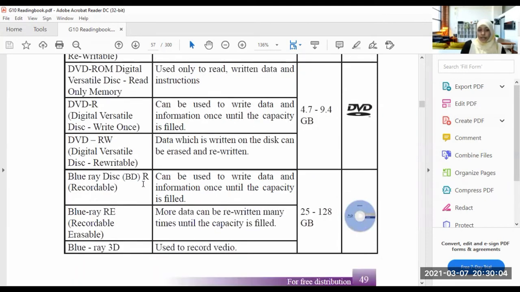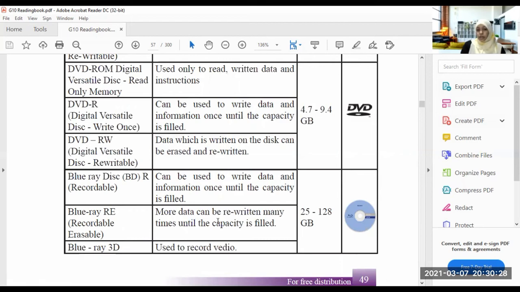So Blu-ray disc, there is BD. Blu-ray disc BD-R are recordable. It can be used to write data and information once until the capacity is filled. Blu-ray BD-RE is re-recordable and erasable.